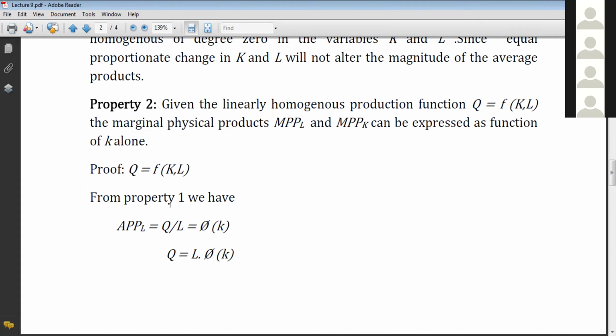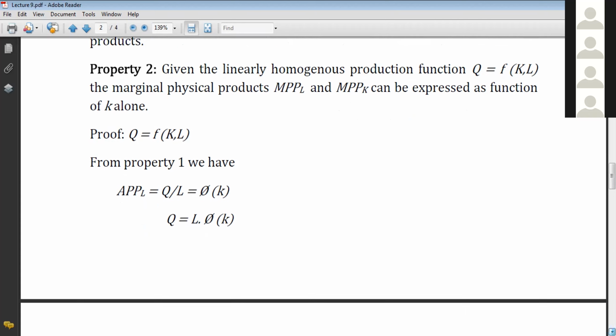Okay. So from property 1, we found the average physical product of labor, Q by L, equal to phi of small k. Phi is a function sign, a function of the capital labor ratio. So we can write Q equal to L into a function of the capital labor ratio.